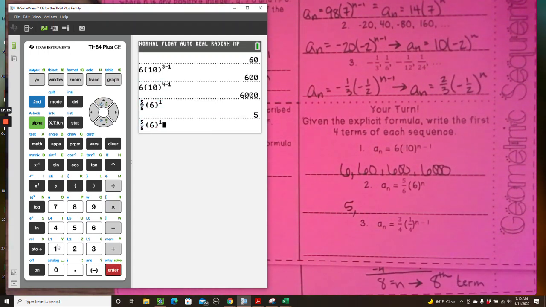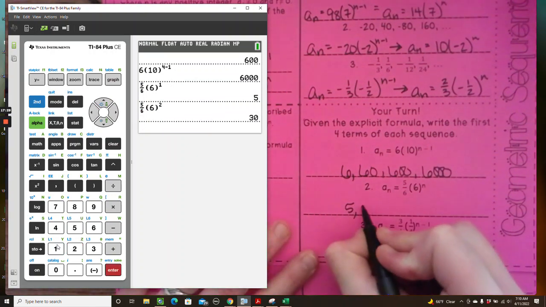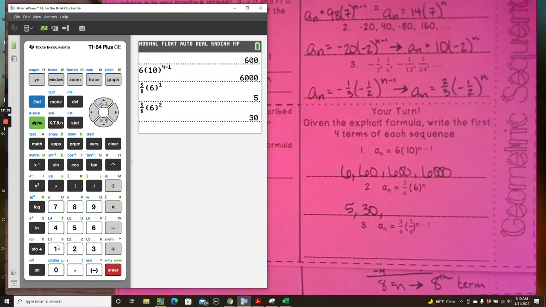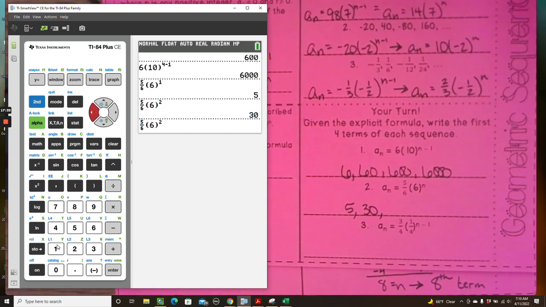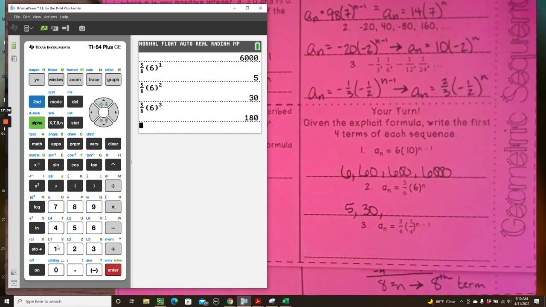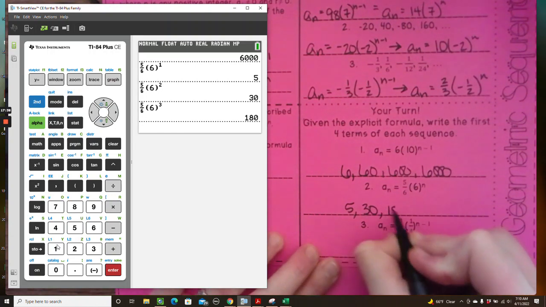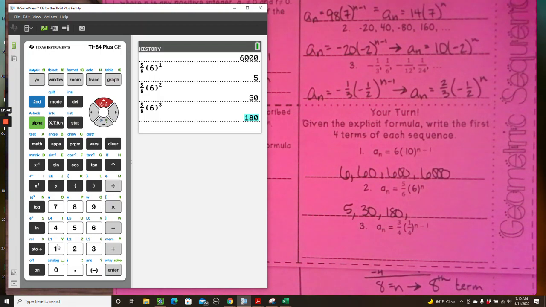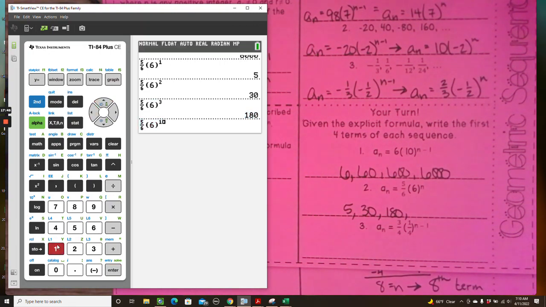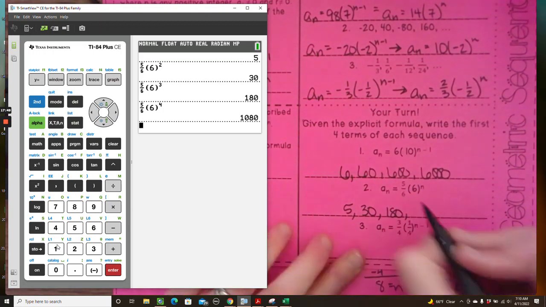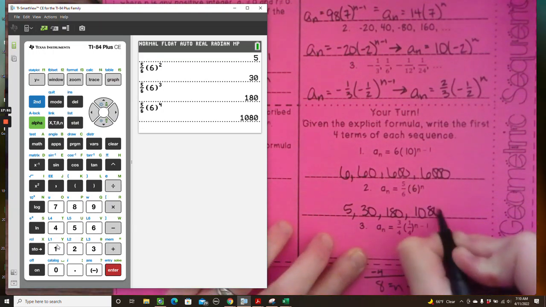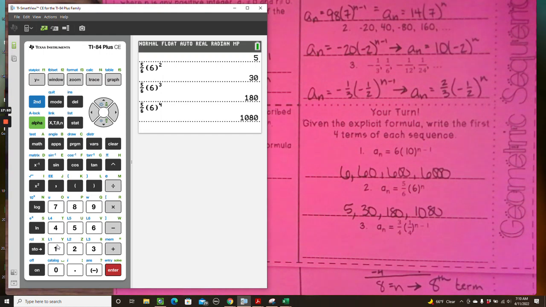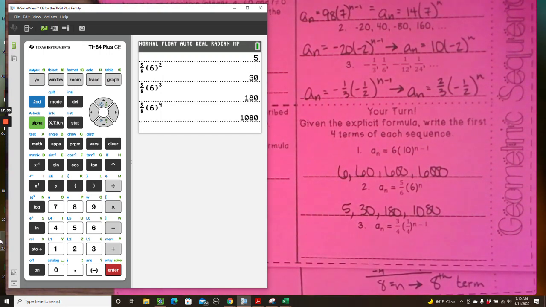Plug a 2 in there, we've got 30. Plug a 3 in there, and we've got 180. Plug a 4, and we've got 1080.